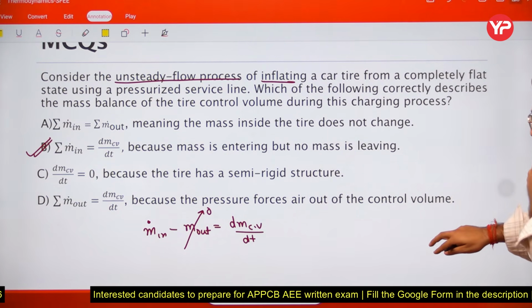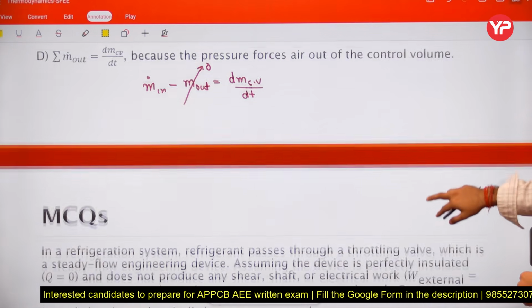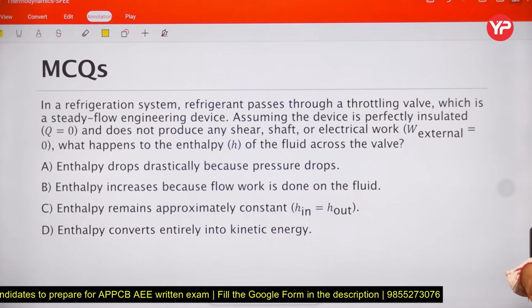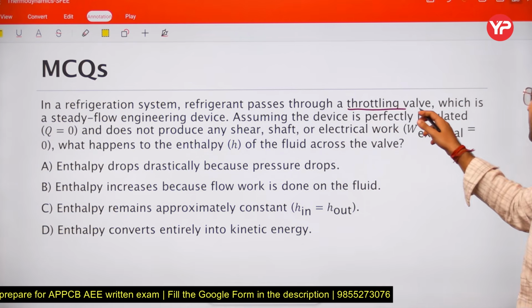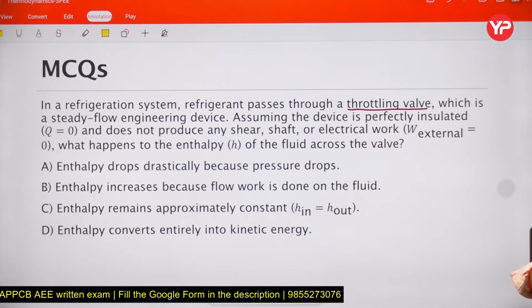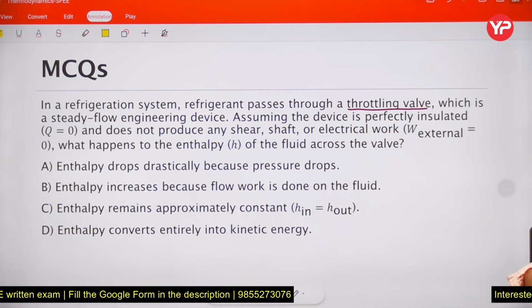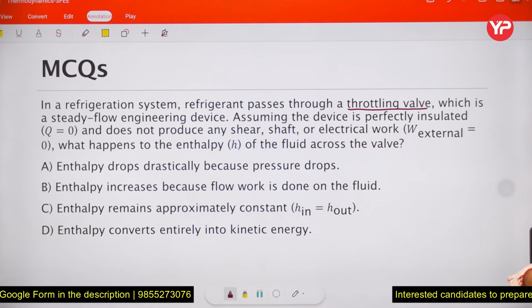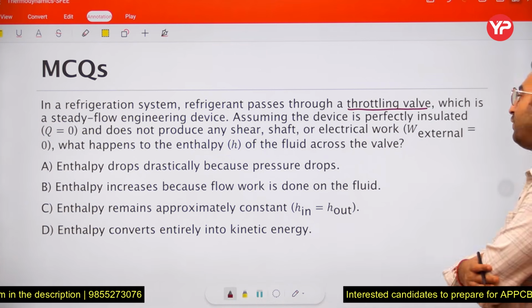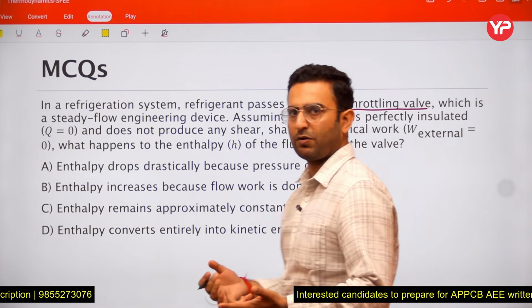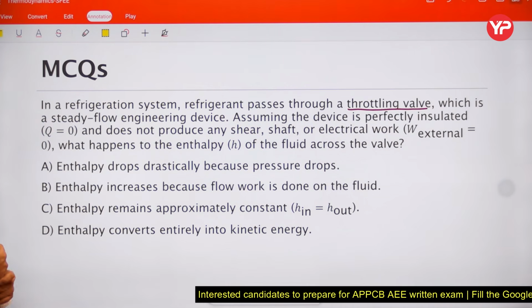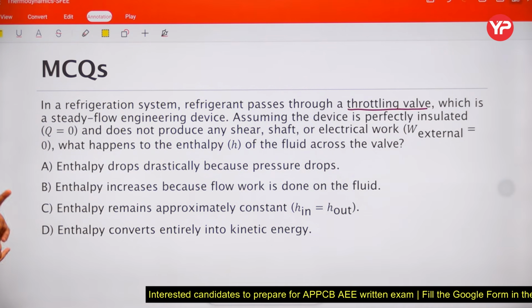Okay, now next part. In a refrigeration system, the refrigerant passes through a throttling valve, which is a steady flow energy device. Assuming that the device is perfectly insulated and does not produce any shear, shaft or electrical work, what happens to the enthalpy of the fluid crossing the valve? So that's a simple question. In the case of a throttling process, we must know that the enthalpy is going to remain constant.